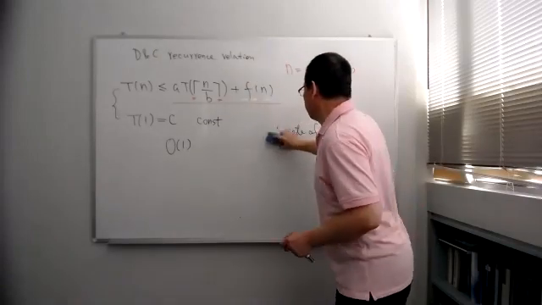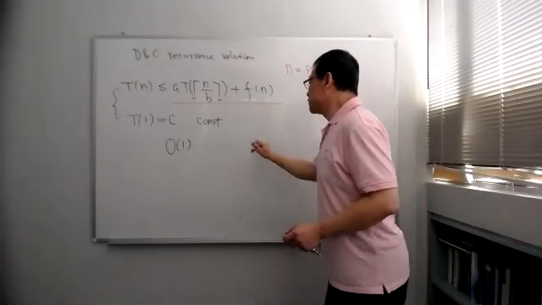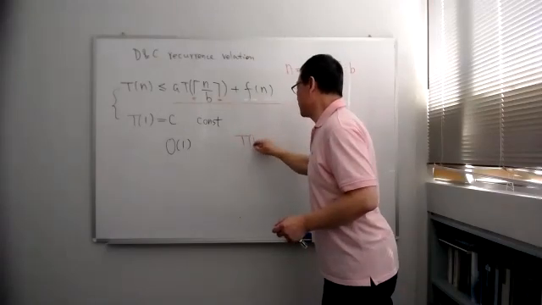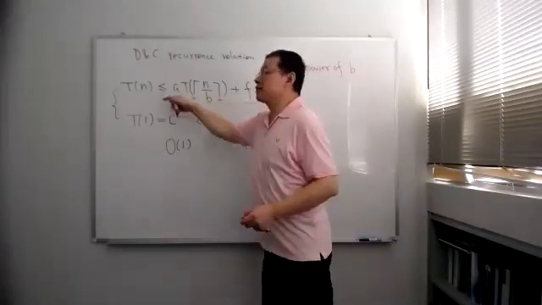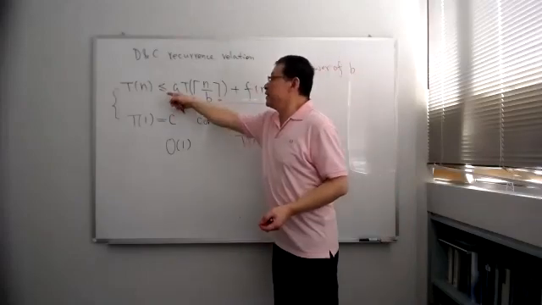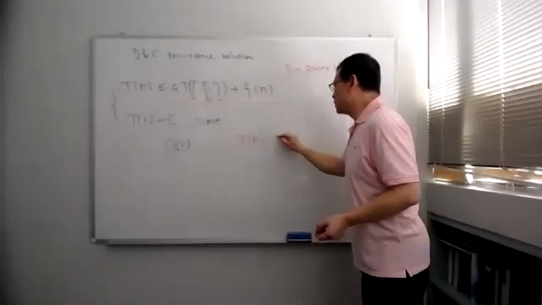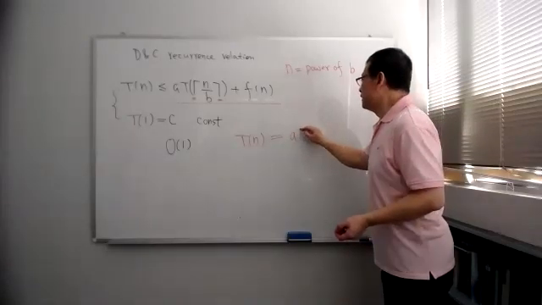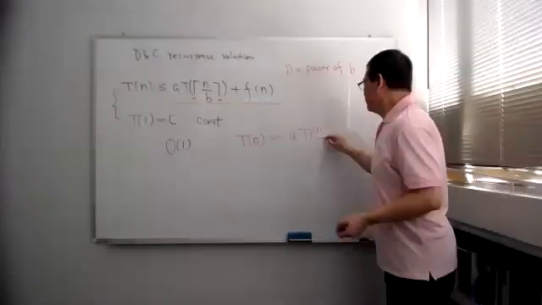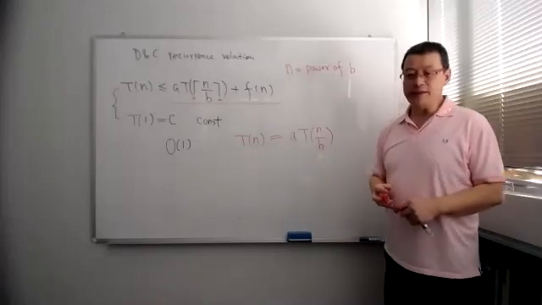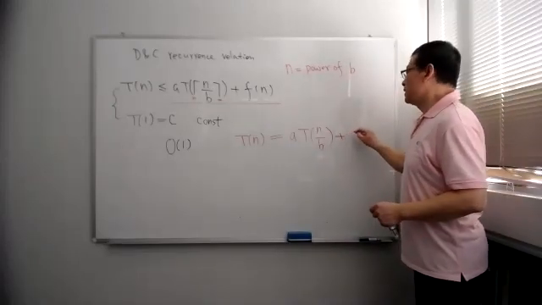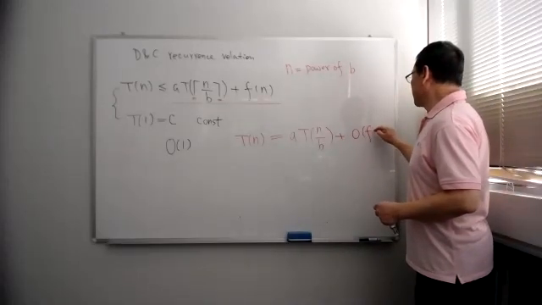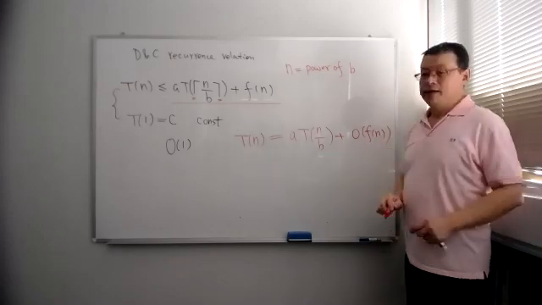So instead, what we need to do is consider this recurrence. This inequality can also be written as an equality once we use big O notation. So here a T(n/b), plus typically some big O term.